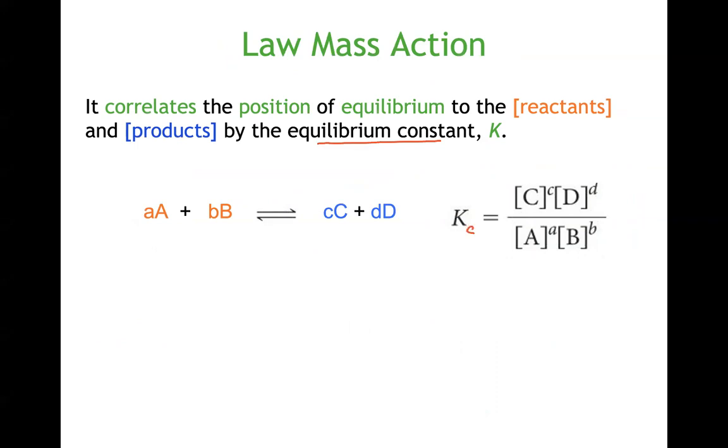And if you take a look at the reaction, if we have A reacting with B to form C and D, okay, the lowercase letters are really the coefficients, thinking we have a moles of A, b moles of B, c moles of C, and d moles of D. Well, when we write out that equilibrium constant, it is equal to the concentration of the product, each raised to its coefficient, divided by the concentration of the reactant, each raised to its coefficient, right? Again, the coefficient is really the number of moles, right? So each is raised to the number of moles.